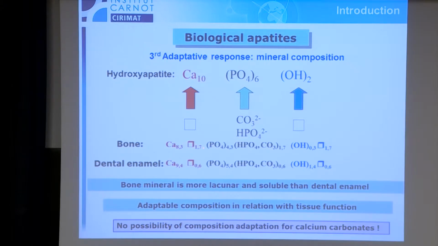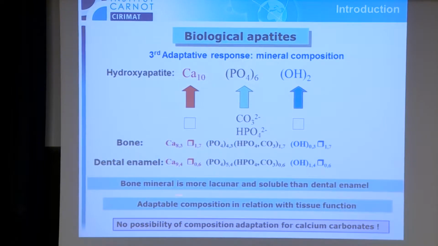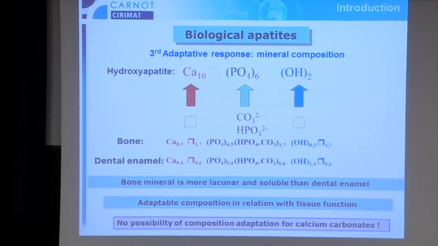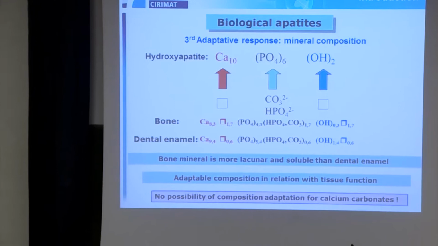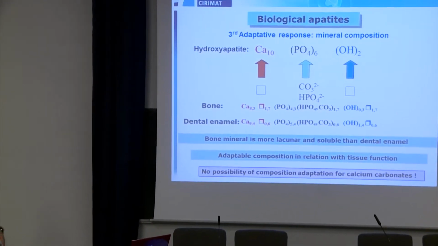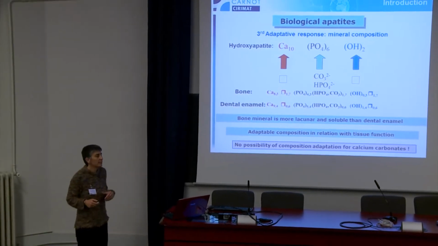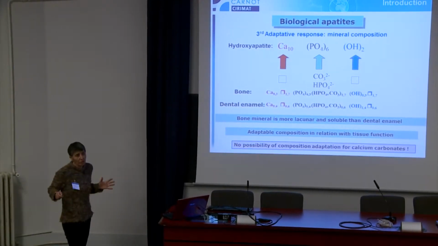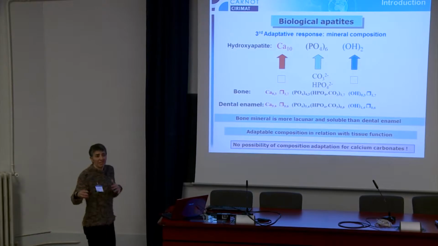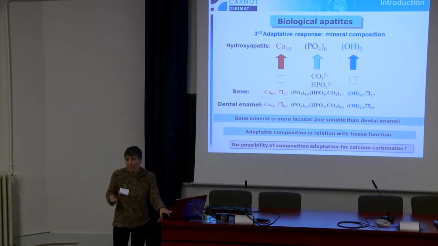There are more vacancies, 1.7 compared to 0.6, and it is also more soluble than tooth enamel. And so we have an adaptable composition in relation to the tissue function. But for another mineralization based on calcium carbonate, we cannot have such adaptation of the composition.